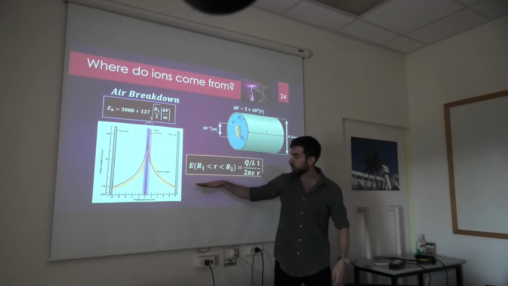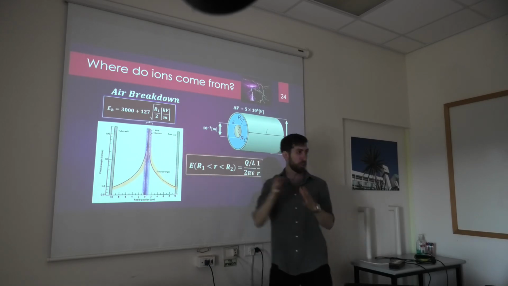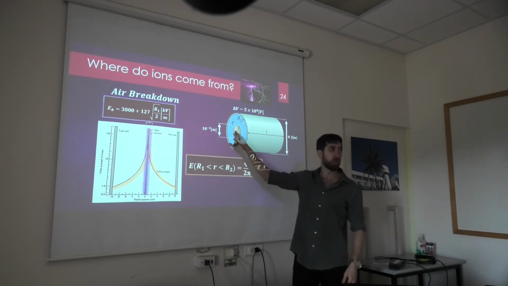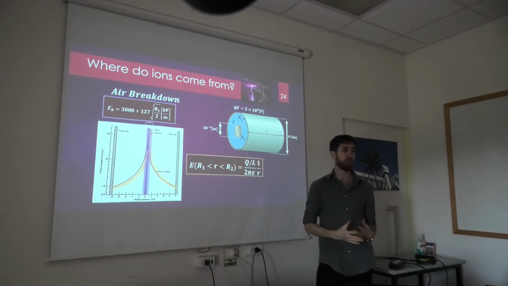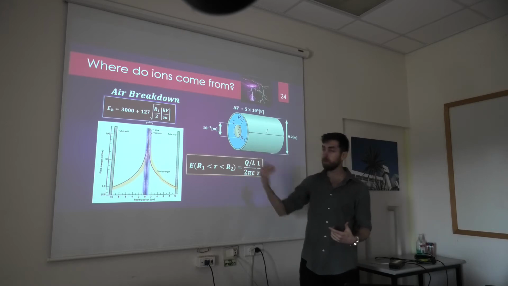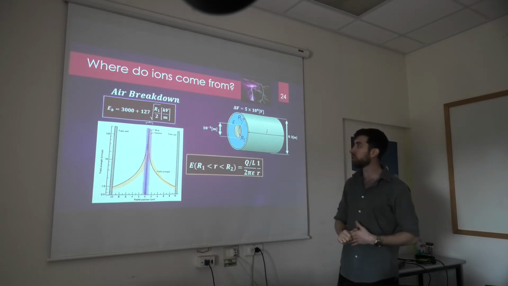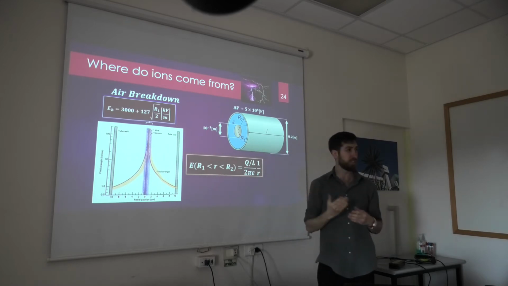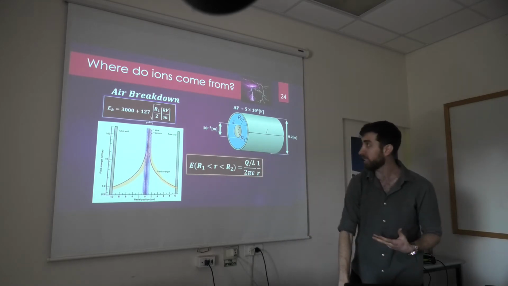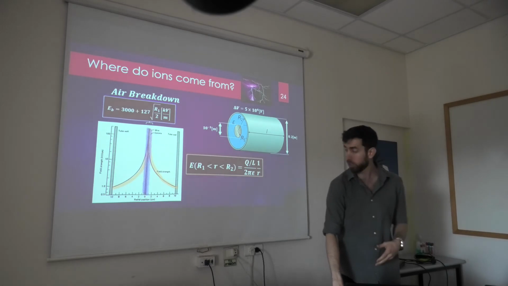You see that the electric field increases as you approach the inner tube, and there you can have a huge electric field, which can break down air and cause corona discharge. You can calculate the distance at which it happens, and this is the mechanism to produce a lot of ions.